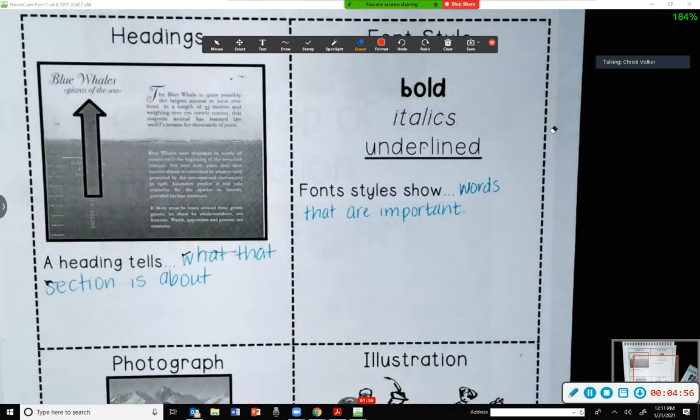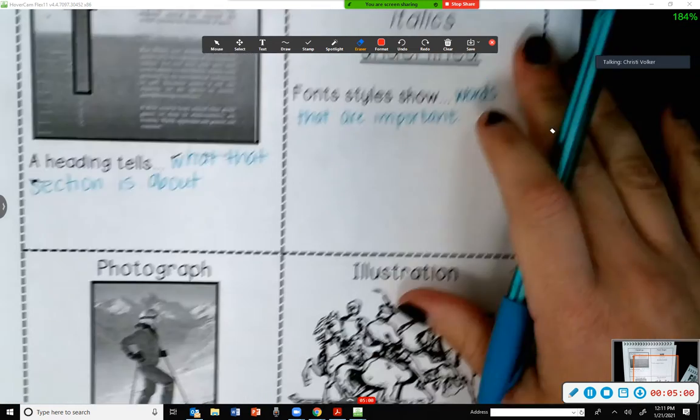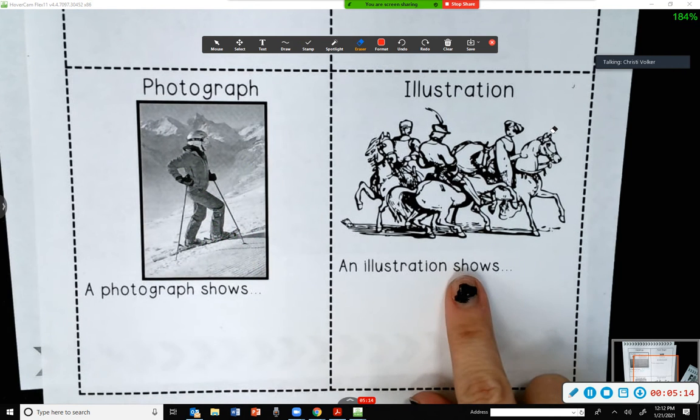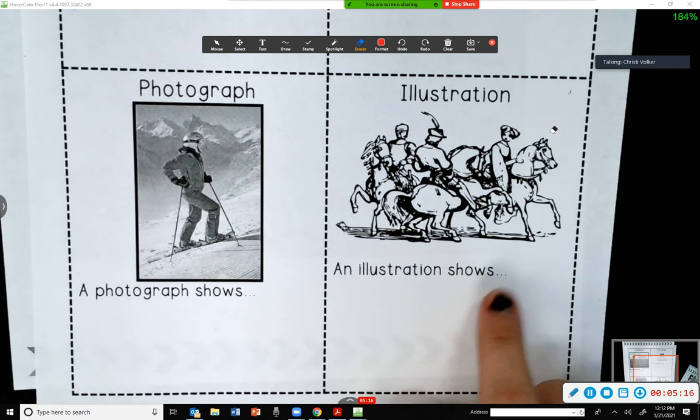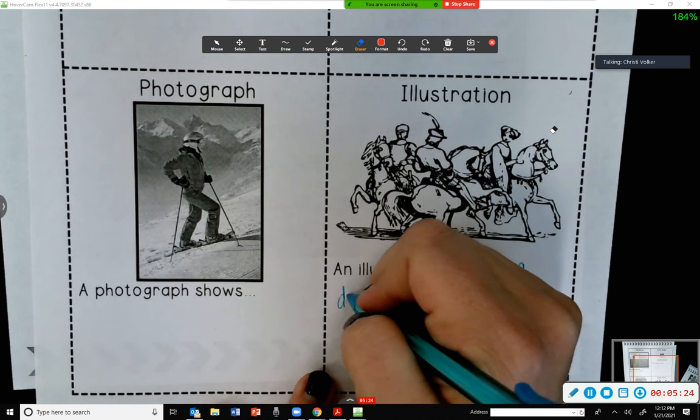Okay? Photograph. Photograph should be pretty simple. What is a photograph? It's a picture. It's an actual picture of something. Like somebody took a photo and it's showing you something. Okay? An illustration. A writer. A drawing, good. An illustration shows a drawing or sketch.